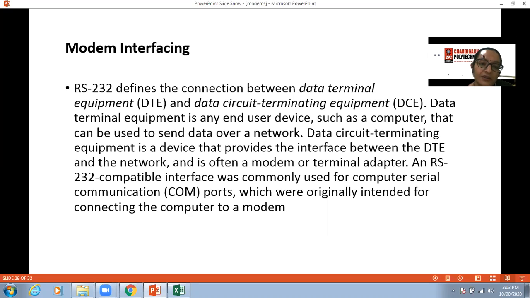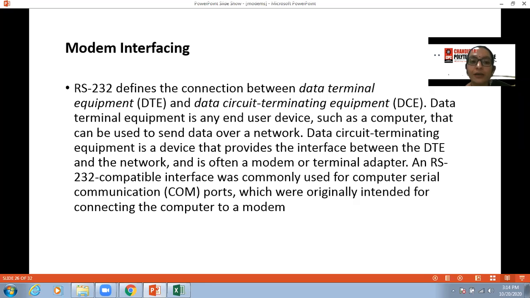A standard RS-232 link will use the DB25 connector, where the DTE port is a male one and the DCE port is a female one. We are going to discuss in the next slide what male and female connectors are and how many pins they contain.